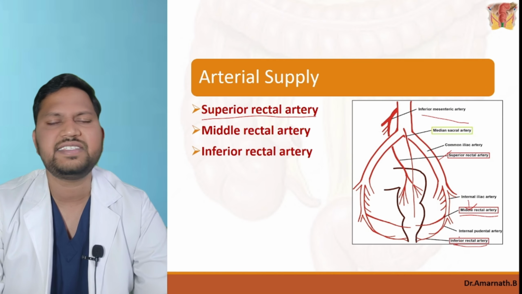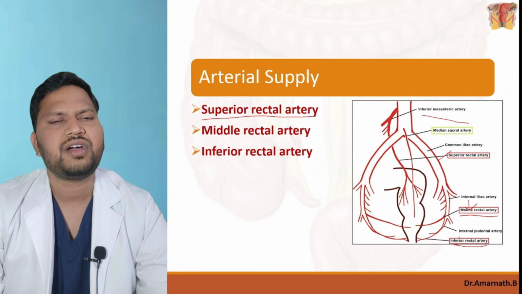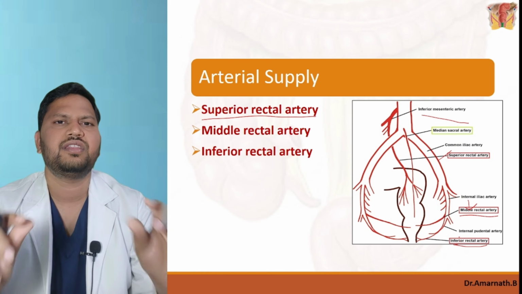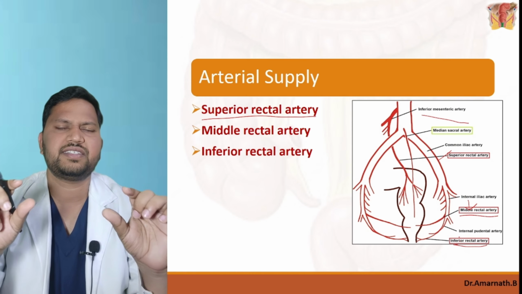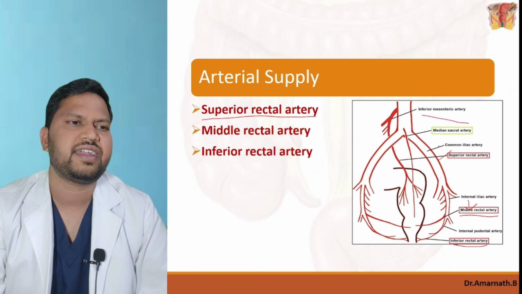Along with these three arteries, one more artery arises from the aorta just at the place where it divides into the right common iliac and left common iliac arteries, that is the median sacral artery.